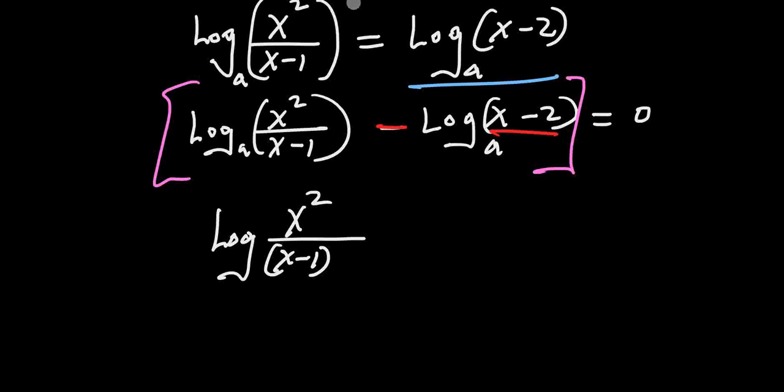So this will also come down here, x minus 2 to base a equal to 0.